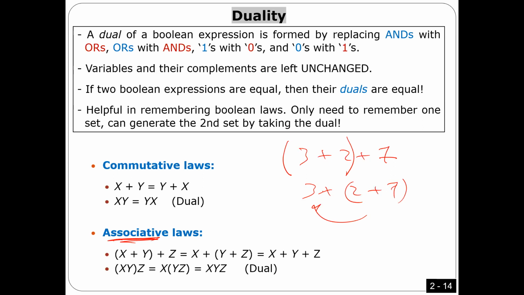This is normal algebra. We have the same thing here. So you can see here, if I want to do x OR y OR z, you can do this one first and then you can OR with z, or you can do this one here and then you can do OR with x. You understand what I'm saying?